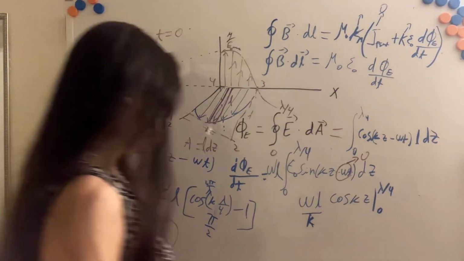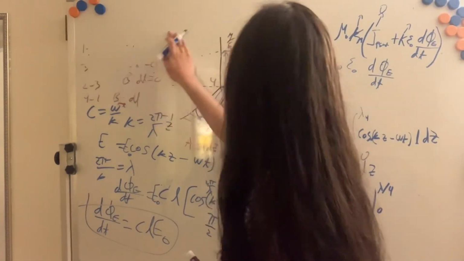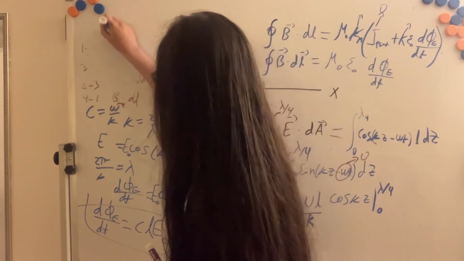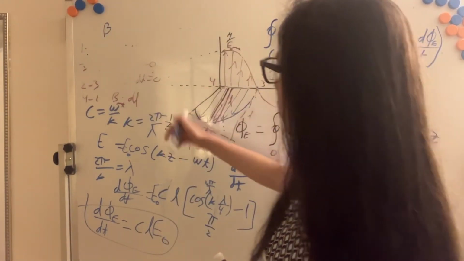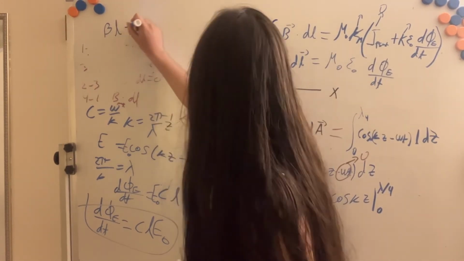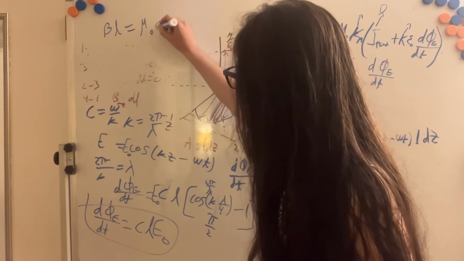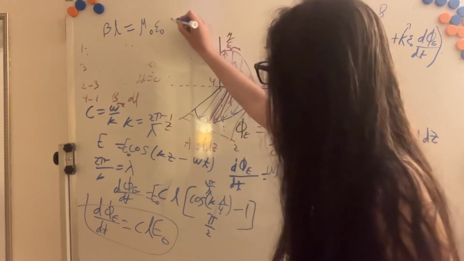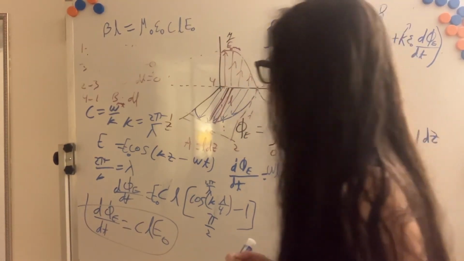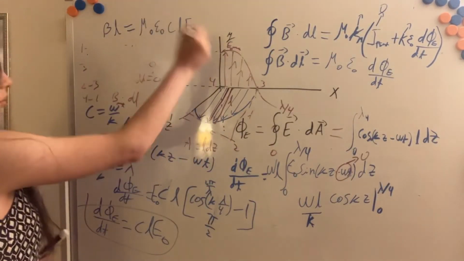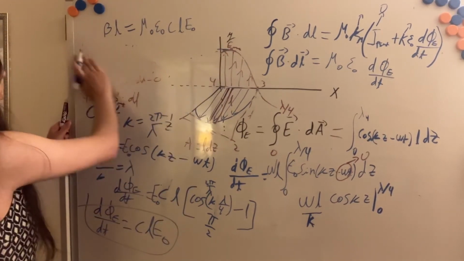And so now we have that B L is equal to mu naught epsilon naught C L times the electric field at this point, the maximum electric field.